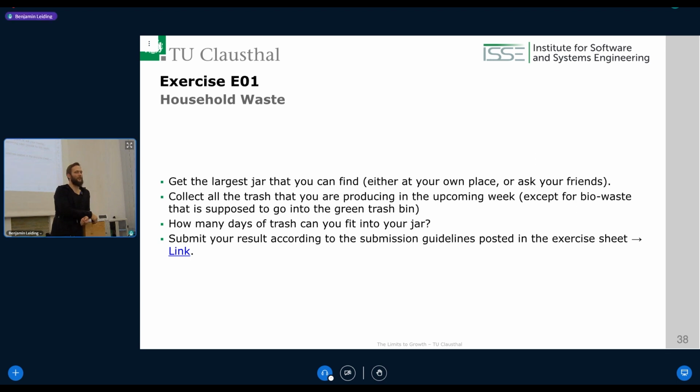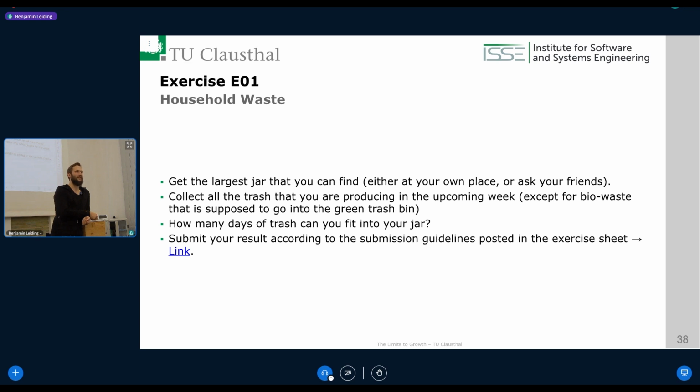And you collect all the trash that you are producing in the upcoming week in that jar. Please discard bio-waste because it smells horrible. And then you count how many days you can fit into that big jar that you can find in your household. If you don't have a jar, but rather a box, that's also fine with me.